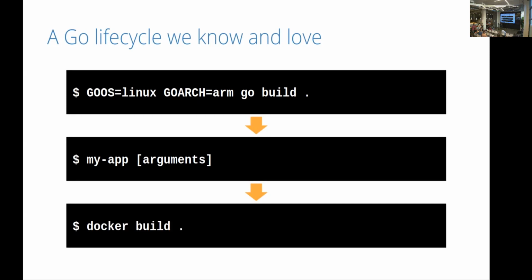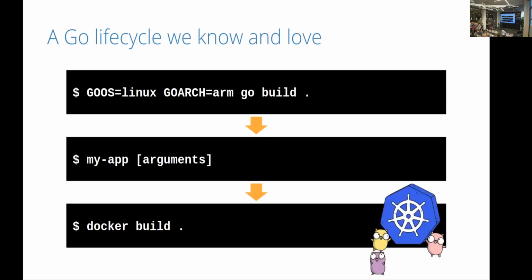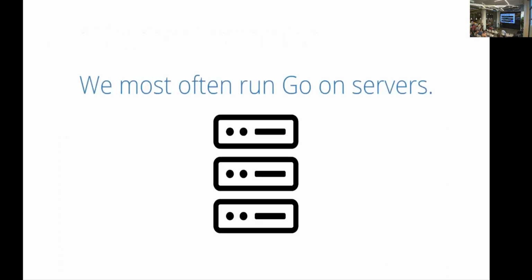And then we can deploy this Docker container in an orchestration platform like Kubernetes. This common Go workflow underscores the fact that Go is most often found running on servers. After all, it's a popular language for writing services, APIs, and many other backend applications.